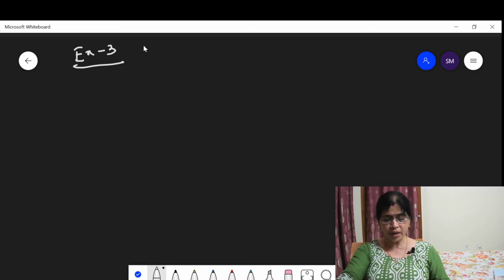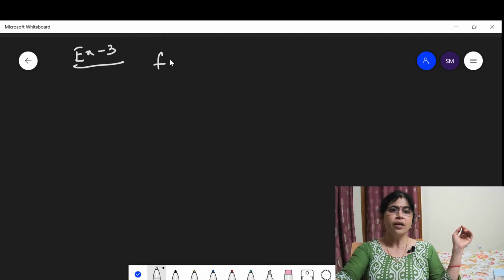Example 3 says: find the zeros of the given polynomial and verify the relationship. Here the polynomial is given, f of u, the polynomial is 4u square plus 8u.